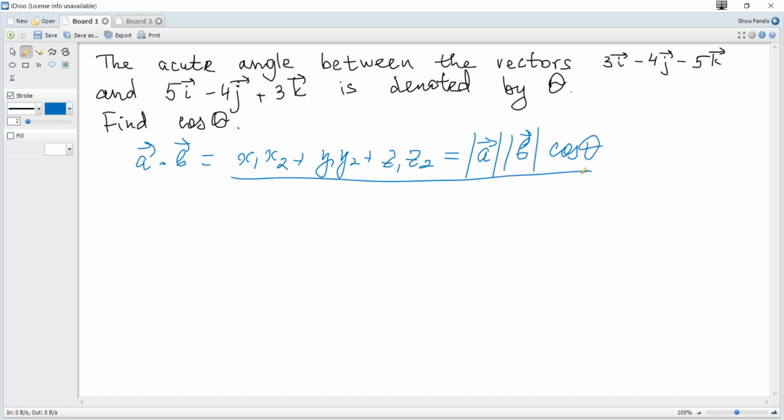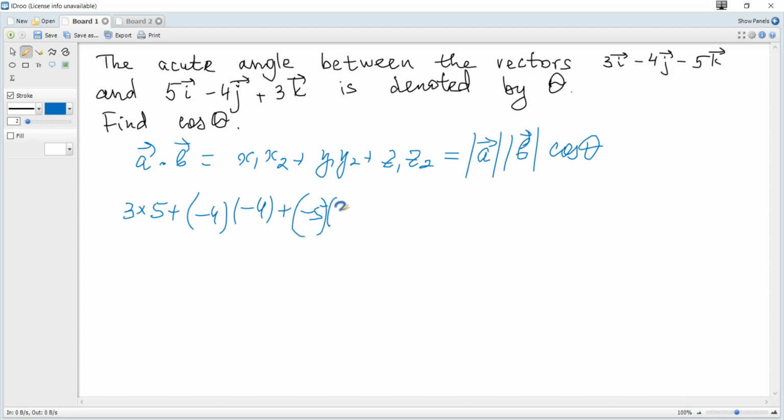So we consider this, and hence we can get an equation with respect to cosine theta, and then theta can be found. So what is x1 times x2? It's just 3 times 5 plus negative 4 times negative 4 plus negative 5 times 3, which is equal to the product of the magnitudes. The magnitude of a vector, its length, is the square root of the sum of squares of its coordinates.